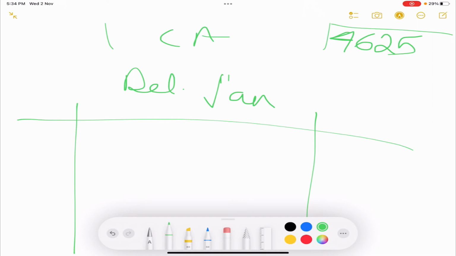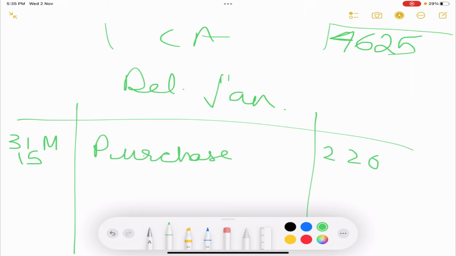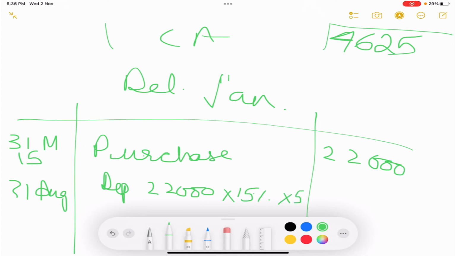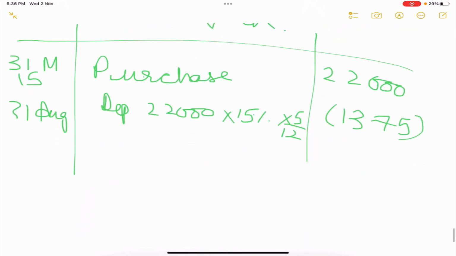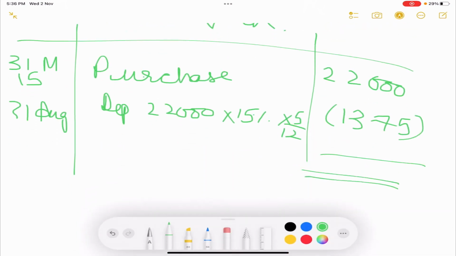Whatever is given in the question, go back and check that. On 31st of 15, what's the carrying amount?